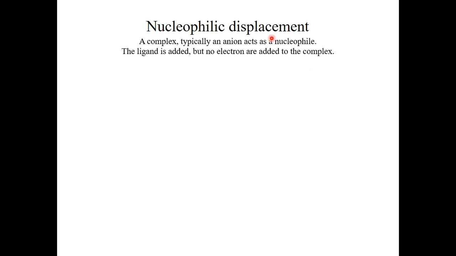Okay, so now let's go to the nucleophilic displacement reaction. So in the nucleophilic displacement reaction, we add ligands, but we do not add electrons. So typically, an anion acts as a nucleophile and adds a ligand.